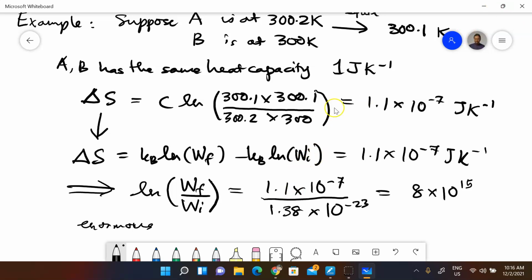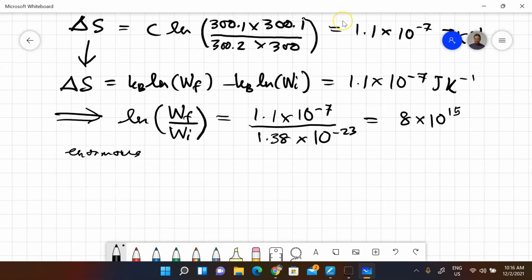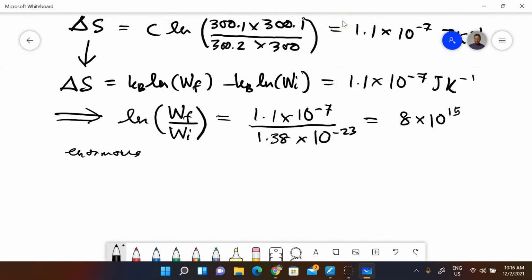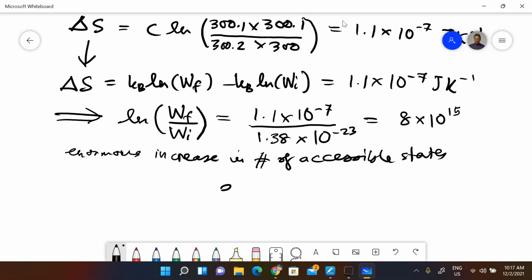The increase in the number of accessible states is exponential of 8 times 10 to the 15.